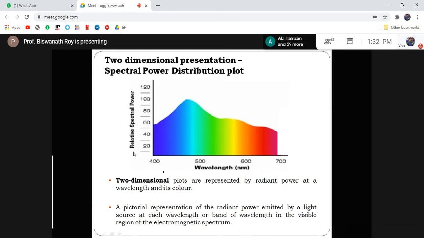It is relative spectral power, that's why there is no unit here. The maximum is 100. So associated power is also plotted, that's why it is spectral power. This plot gives me not only the value of wavelength, but also the associated power. So two-dimensional plots are represented by radiant power at a wavelength and its color.